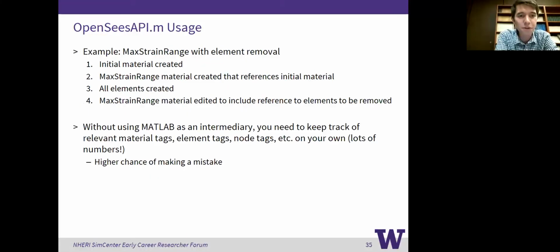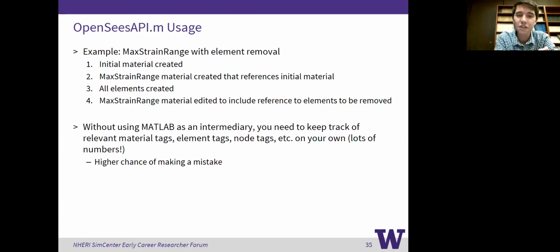For example, what's really beneficial about this: if I want to create a max strain range material with element removal, I might create the initial material, and this is everything that I'm doing in MATLAB. Then I create the max strain range material, and this is going to reference that initial material.